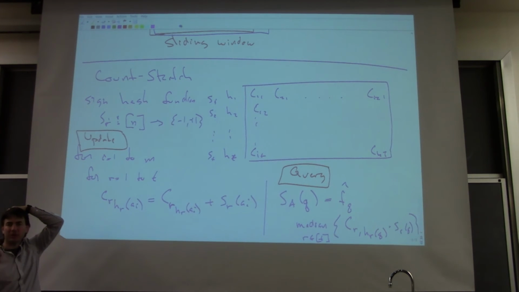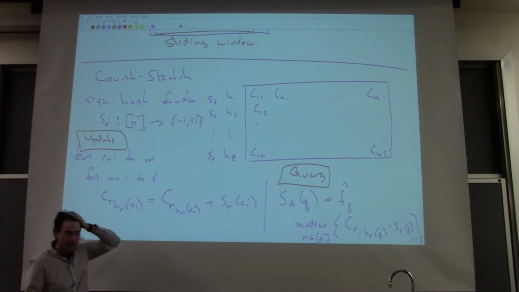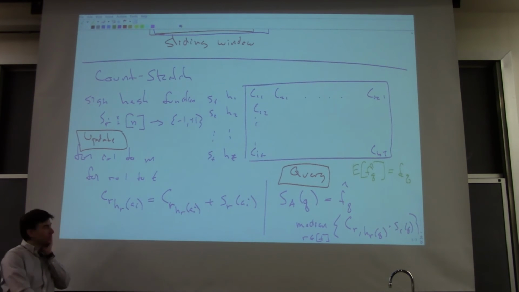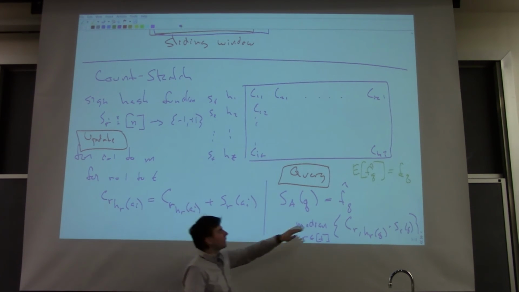I'm not going to go through the full analysis so I can get to the other stuff. But the intuition, the property I'm going to have, is that the expected value of F_Q hat is going to be exactly equal to F_Q. I'm going to have the right expected value.